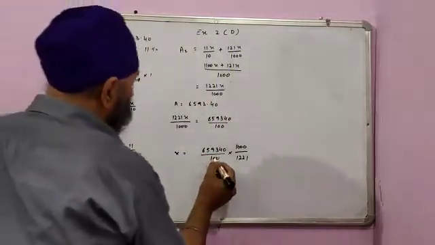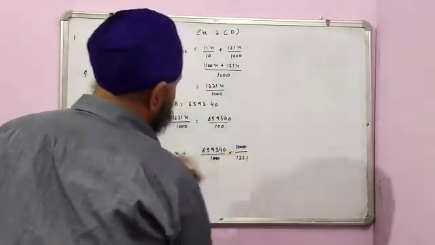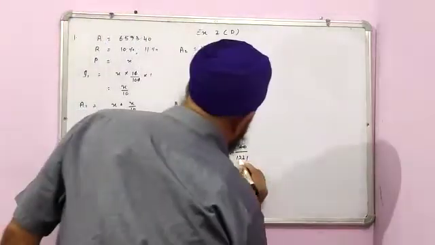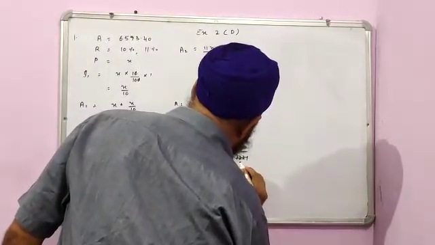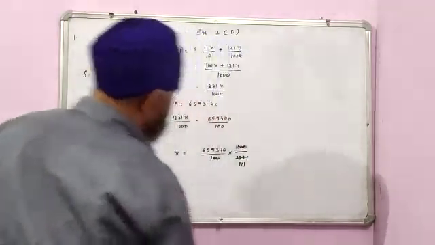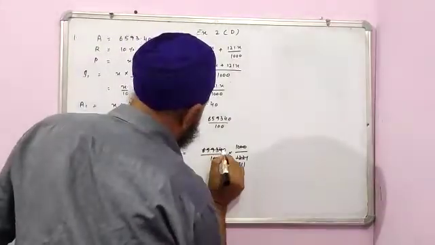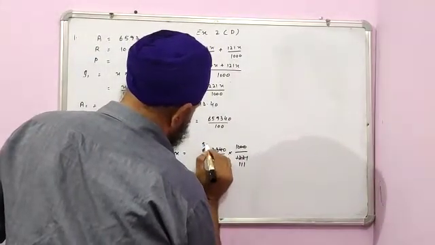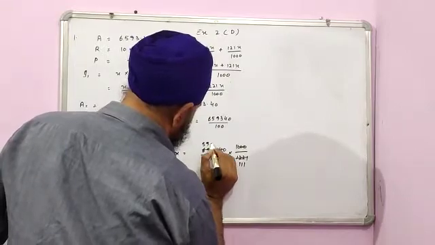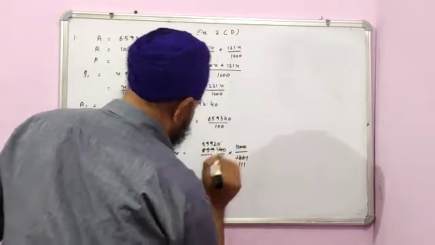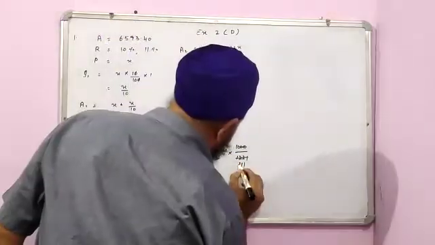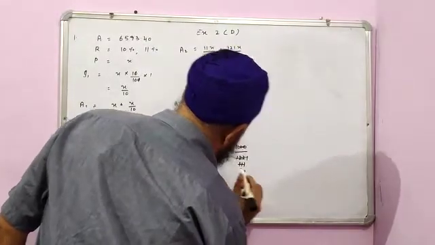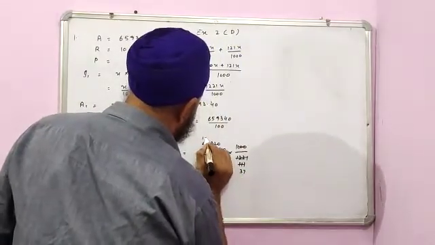So I cancel it out. These two zeros cancel with these two zeros. This I cancel in table of 11, it is 111. Then I cancel it in the table of 3, 37.